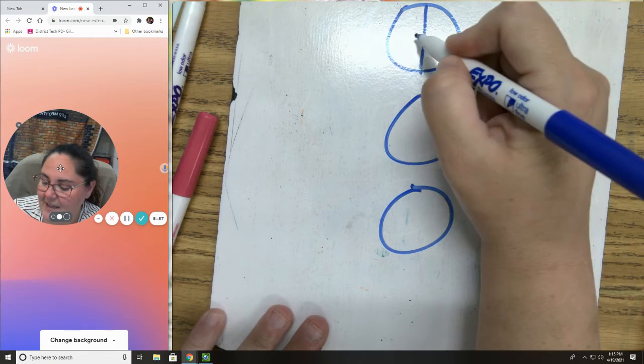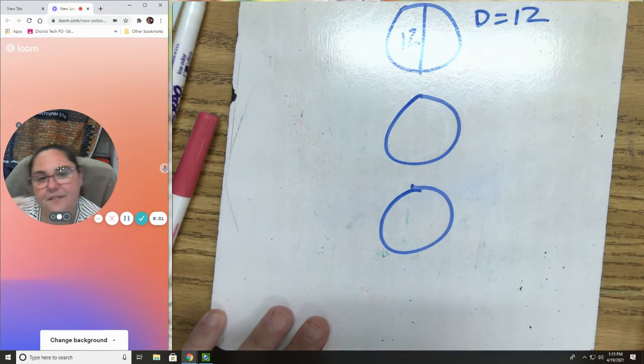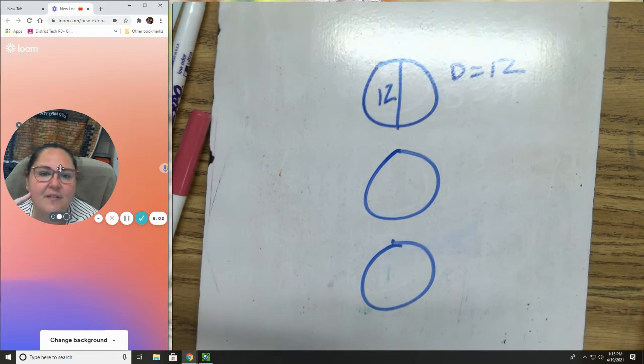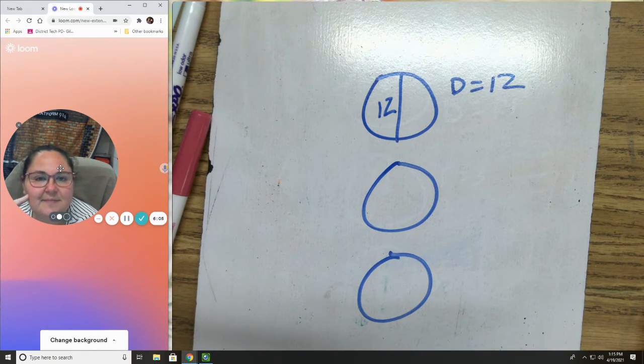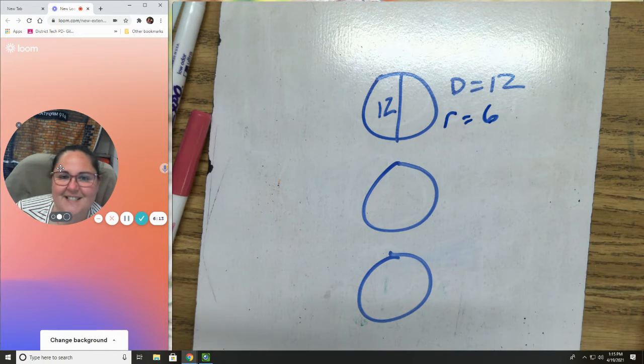My diameter is 12. Find my radius. 6. I divided by 2.